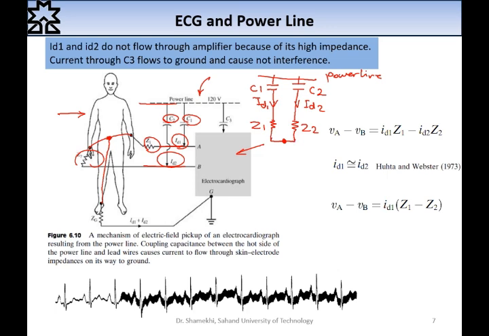These currents ID1 and ID2 will be collected in the body and will flow through ZG, ground impedance, to the ground.